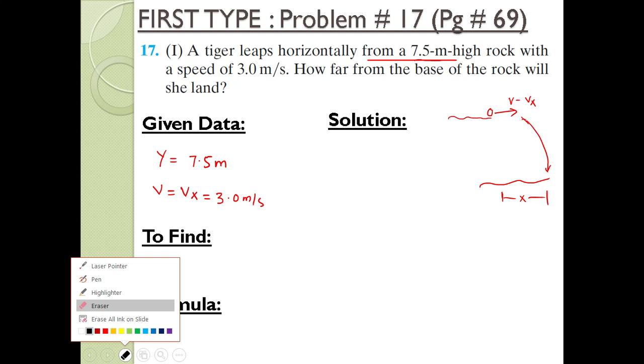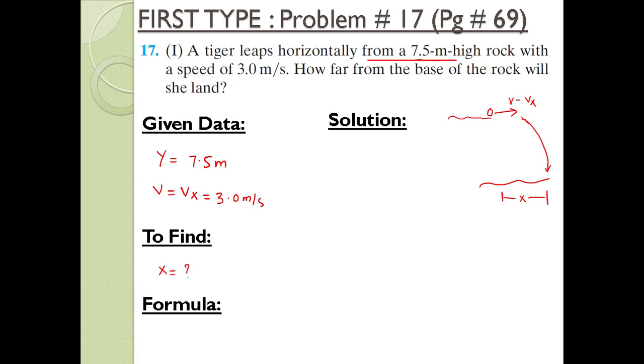The problem arises here that to find the horizontal distance, I need the time. So for finding the time, I will go for the other equation, y is equal to half g t square. For this problem, g will be positive.